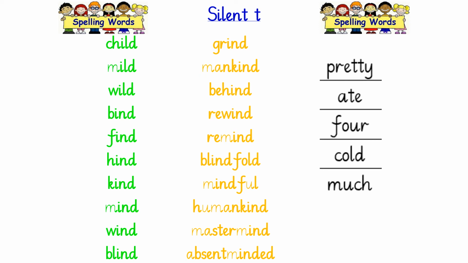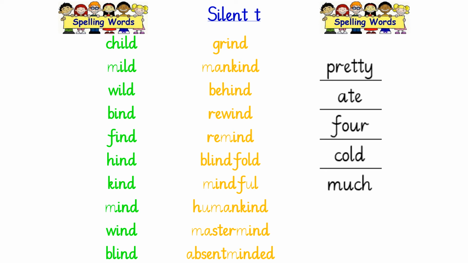So, for example, say your mum had a headache and something exciting was happening at the same time. You might then be mindful of the fact that your mum has a headache and not scream too loudly when you're excited about something. So that's how you might use the word mindful. Humankind means the same thing as mankind. Mastermind.